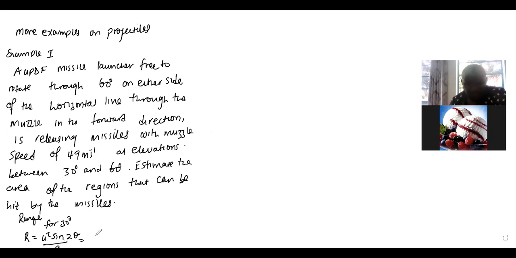So this will be U squared sine of 60 over g. The initial velocity is 49, so 49 squared sine of 60 divided by 9.8. What is that range?